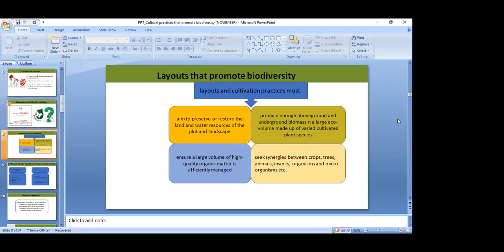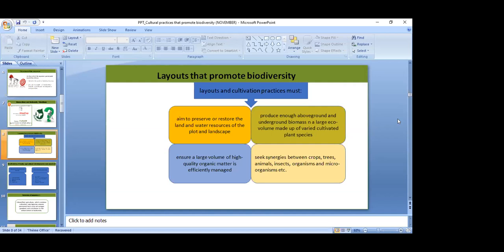So layouts that promote biodiversity. We have layout and cultivation practices, and those layout and cultivation practices must achieve some specific objectives. Any layout that you are going to choose on your farm must achieve 4 objectives. Whether you want to choose monocropping, or, even though we have discouraged monocropping, mixed cropping, maybe ridges, irrigation, anything at all, they must achieve 4 purposes.